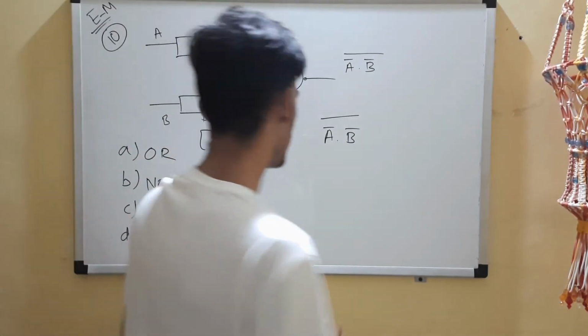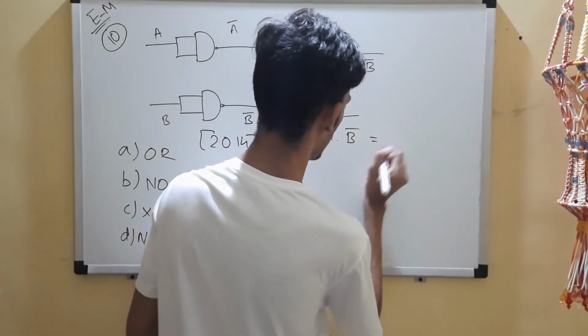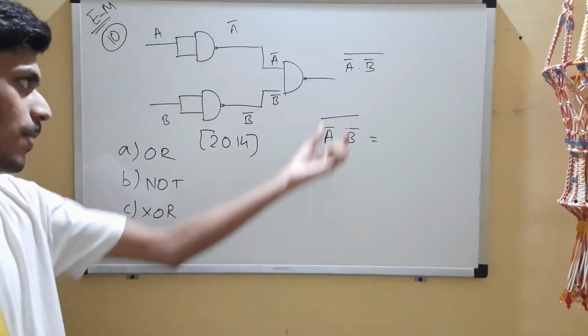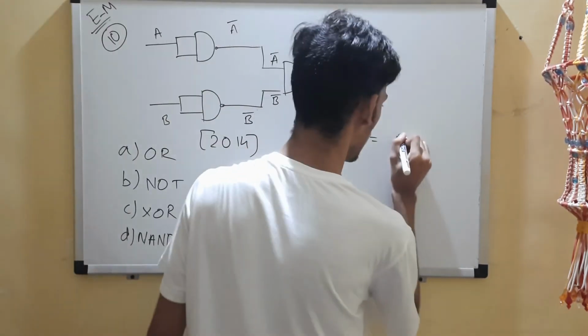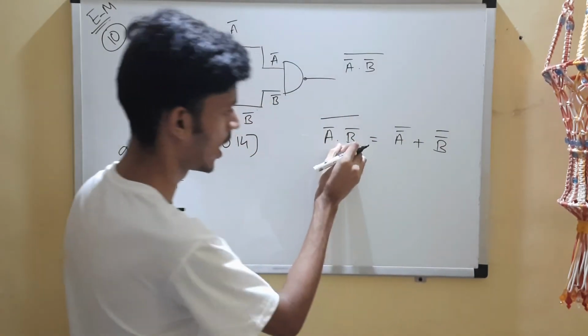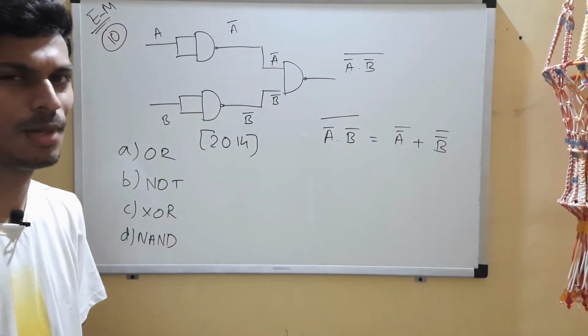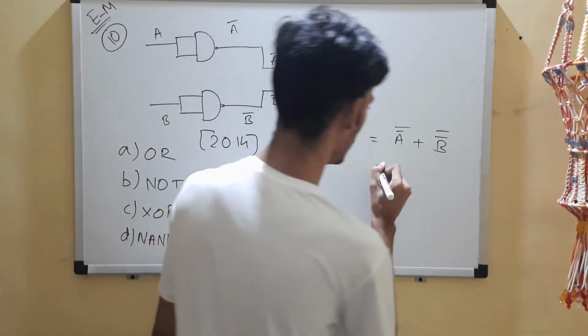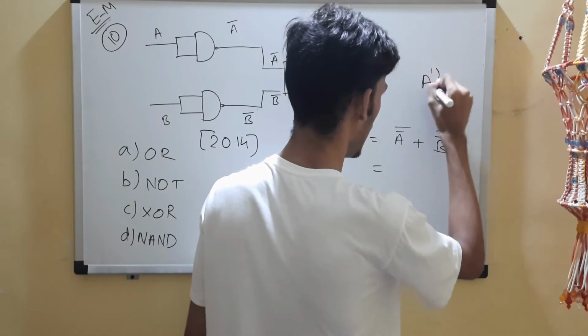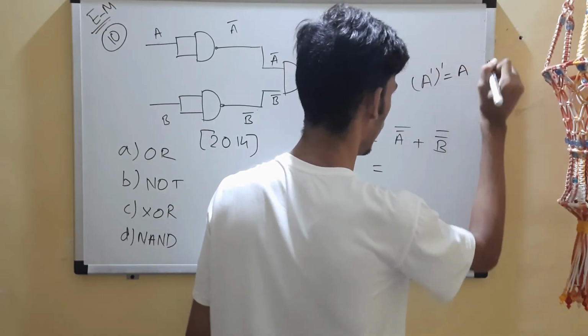Now we are just supposed to solve this, so let's solve this. We'll just use De Morgan's theorem again. So break the line, change the sign. So A complement complement plus B complement complement. Okay, I just changed that sign. Now double complement is nothing but A itself, right? You might have learned it in set theory that A dash dash is A, right?